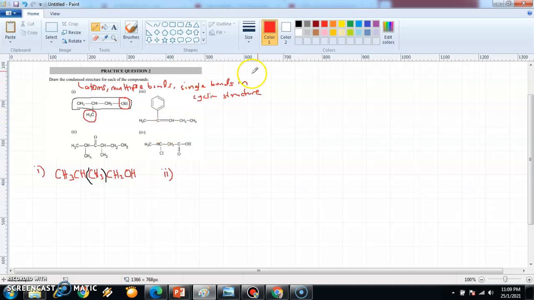For the second question, again we look at the longest carbon chain. Highlight it first. The longest chain consists of 6 carbon atoms. Remember we hide all the single bonds, so just copy carbon by carbon.